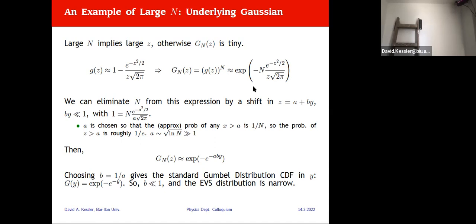All right, and now you plug that in and expand the z squared, so you get a squared plus 2aby. So now you have e to the minus aby. That's approximately 1 over n. And now if you define b to be 1 over a, what we have is a very simple distribution: e to the minus y.